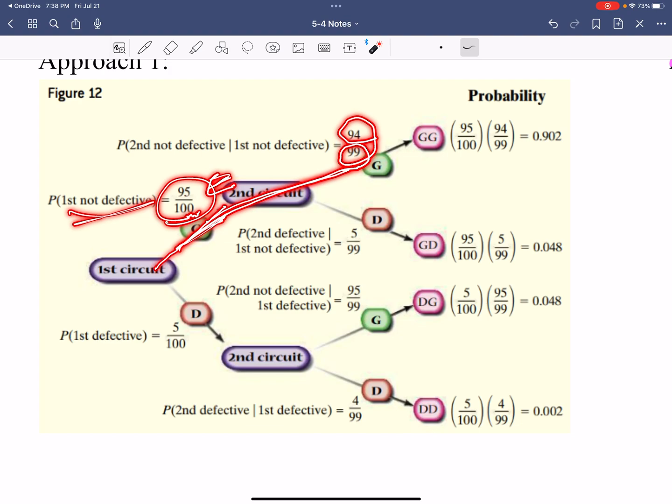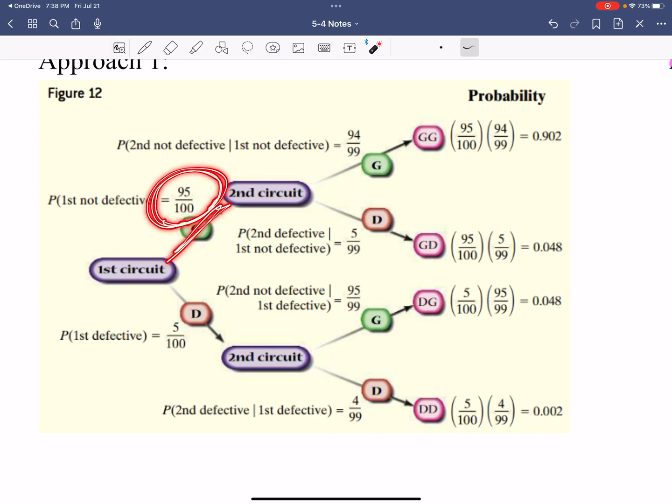Do you see what's happening there? So if they're both good, you're just saying how many are good. If the first one's good, well, that's 95 out of 100 are good. And then if the second one's bad, there's only 99 to pull from, but 5 are still available as defective. And then it's still the multiplication rule because you just multiply those together. But do you see how this plays?